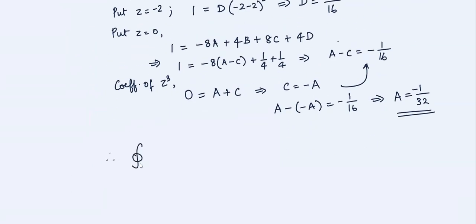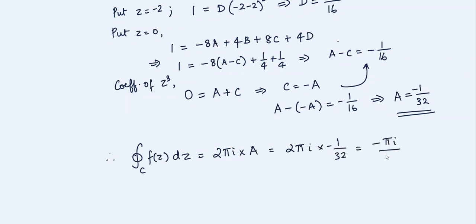Therefore, the integral is 2 pi i times the residue. So 2 pi i times minus 1 by 32 is minus pi i by 16.